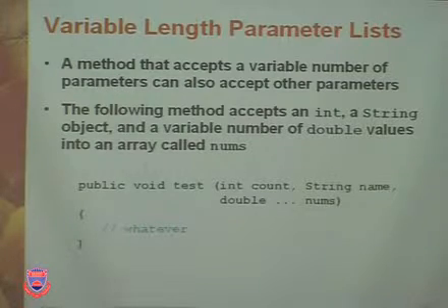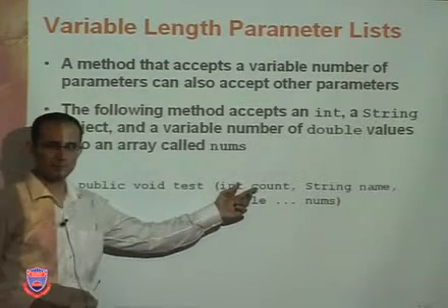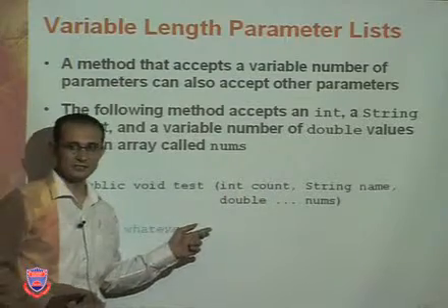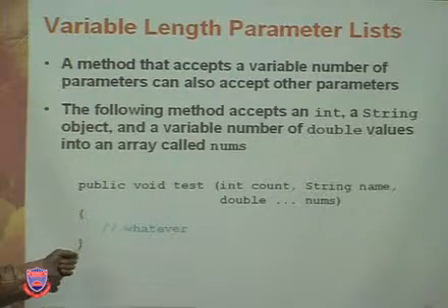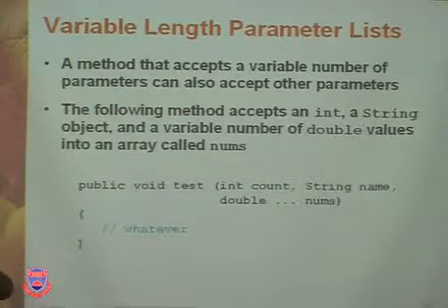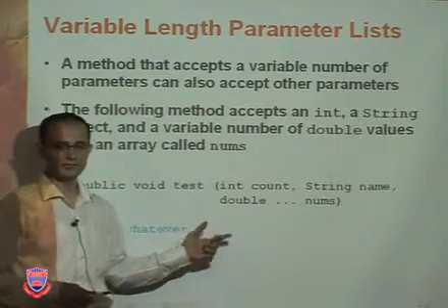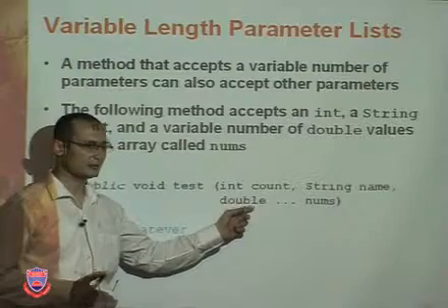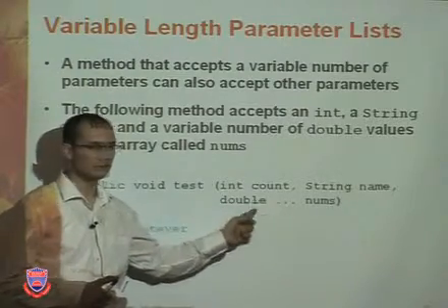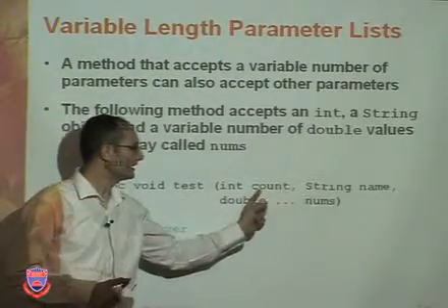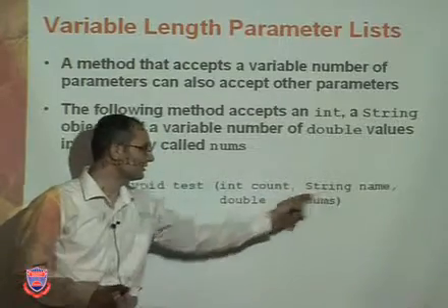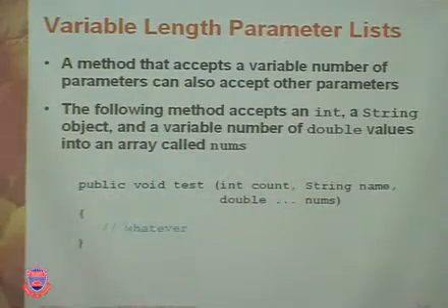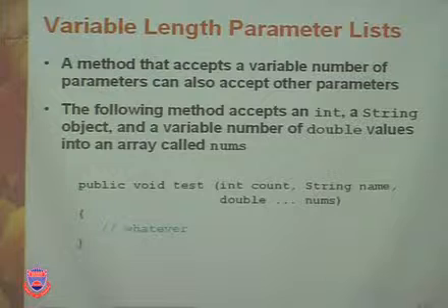So you can actually have other arguments passed to this. What's the catch here? In the previous examples, we had only the variable length argument. However, in this case, I have an integer count, another string, and then also the variable length argument.